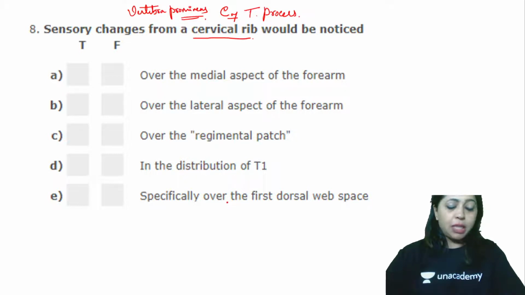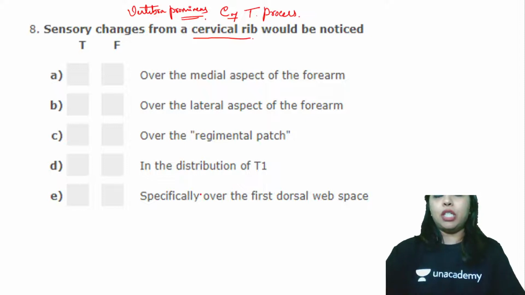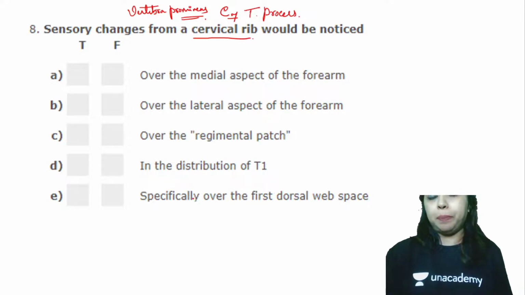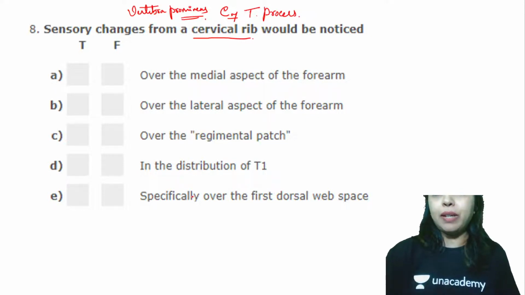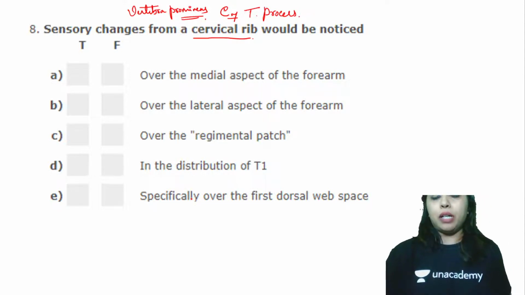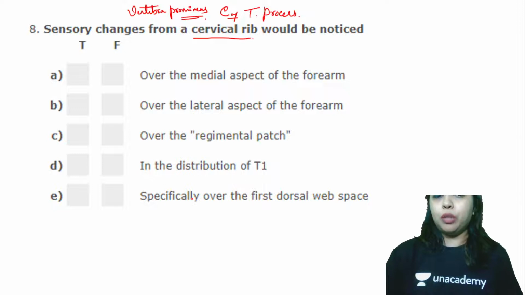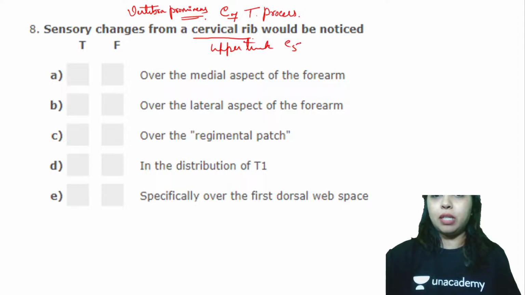So which one do you think is the answer? Sensory changes from a cervical rib. A cervical rib would affect all those structures that are emerging from the upper trunk. So upper trunk would be the C5, C6 region.